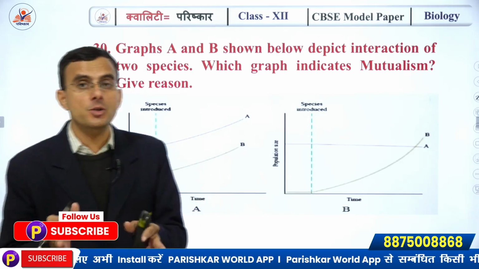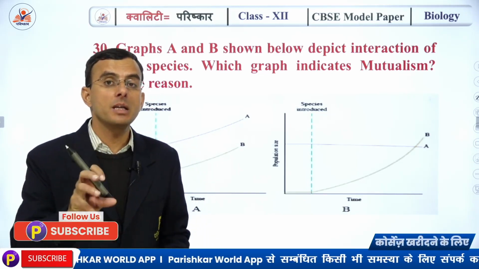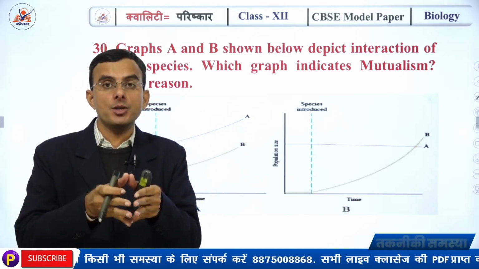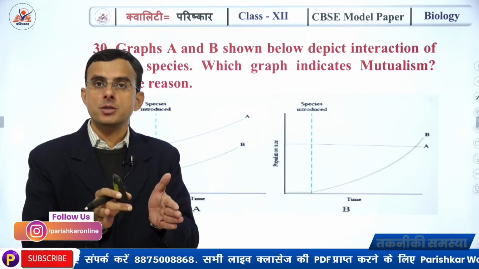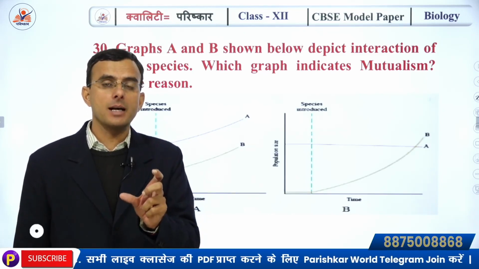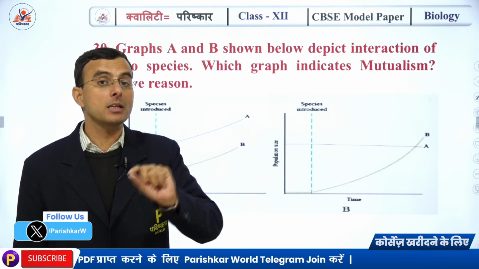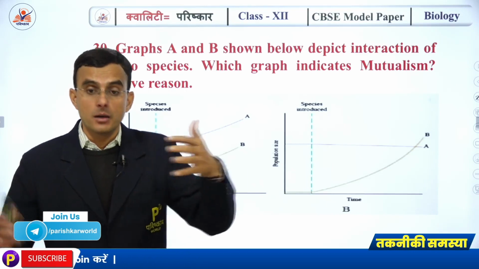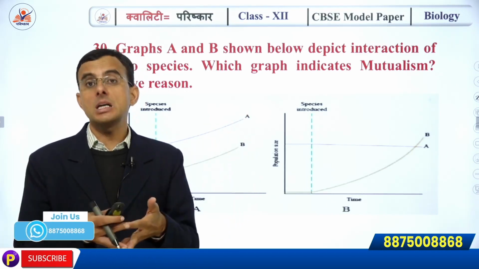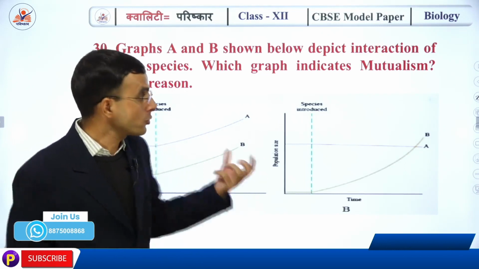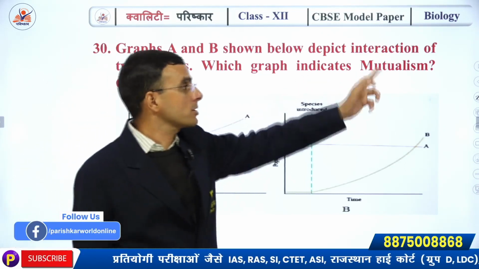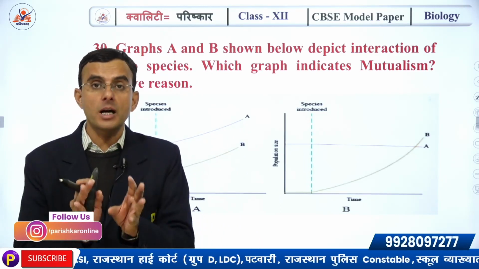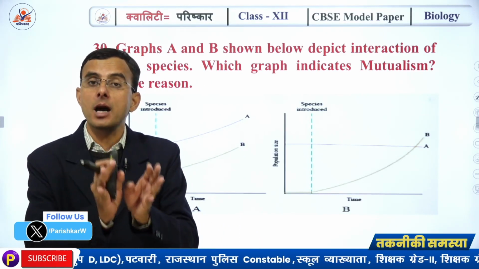When different populations are growing in a particular place, there is an interaction of populations, and in that interaction there are different relationships between the different populations. Out of these relationships, one relationship is mutualism, and in mutualism both the species are growing together and they are benefited together.